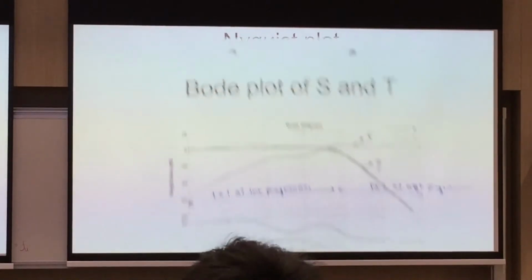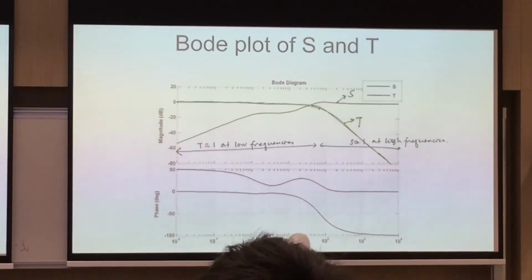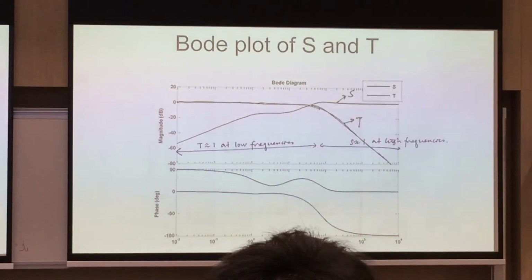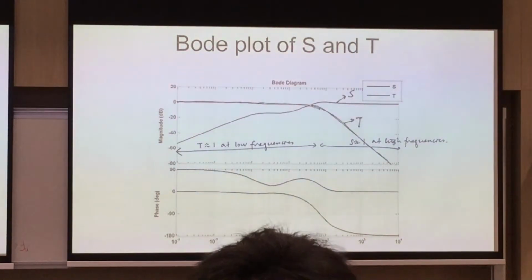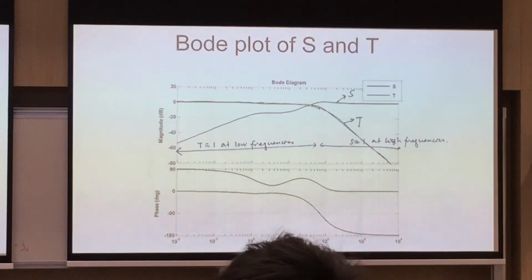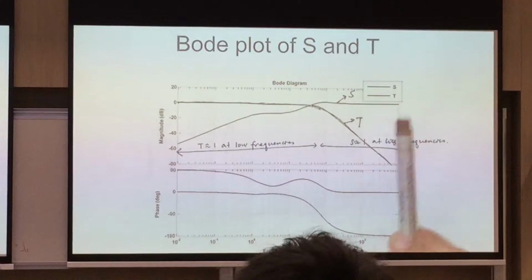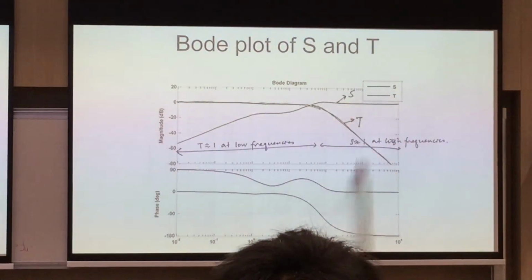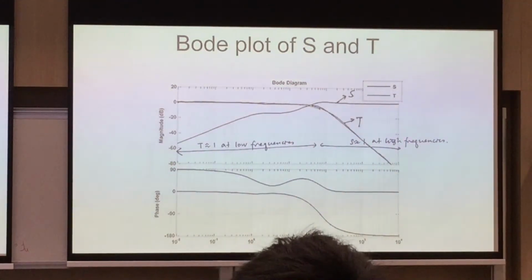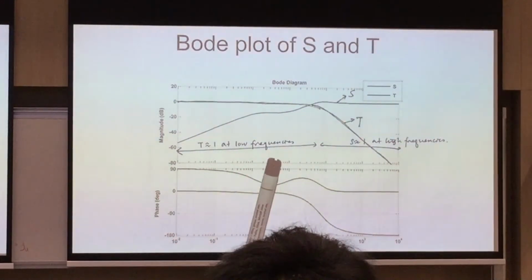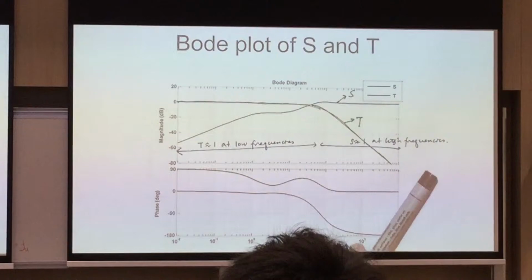You can also draw the Bode plot of S and T. Okay, so for those who have notes in black and white, this curve on top is S, and this curve below is T. Okay, and you can observe that T is approximately 1 at low frequencies, and S is approximately 1 at high frequencies.